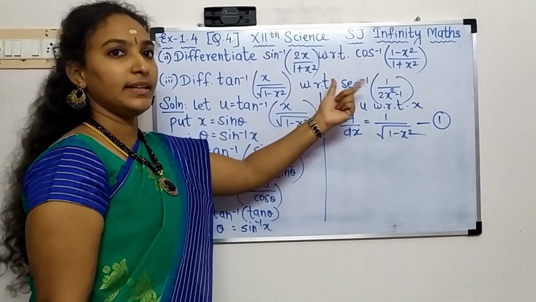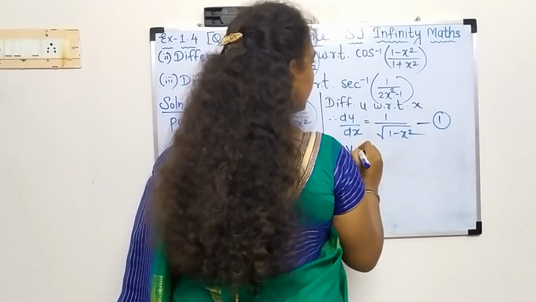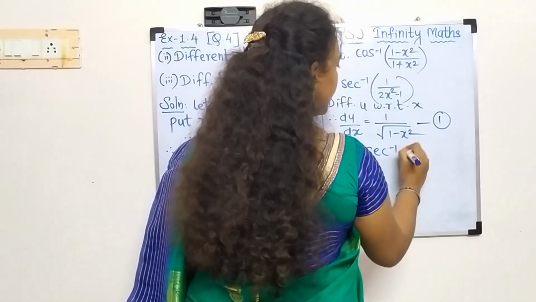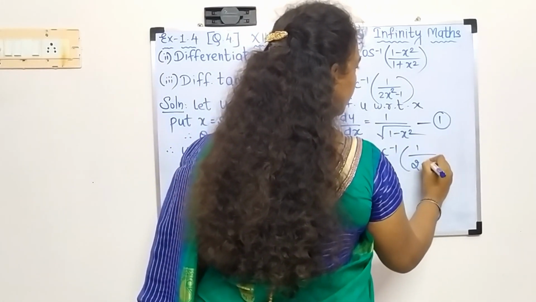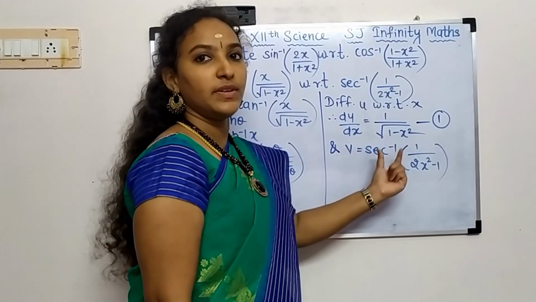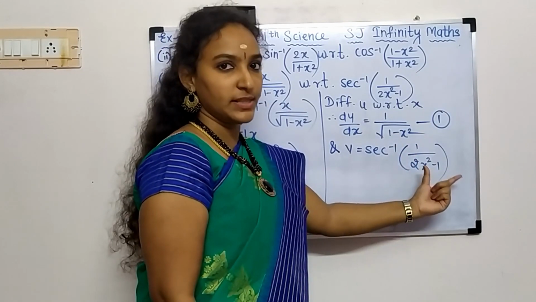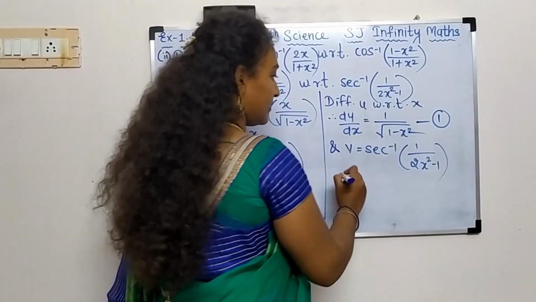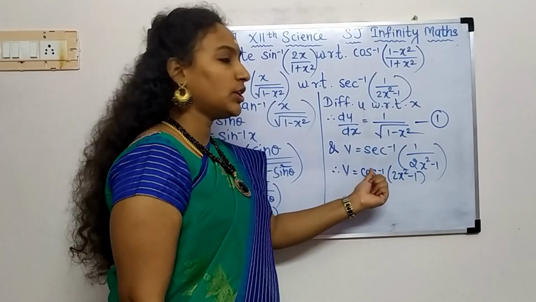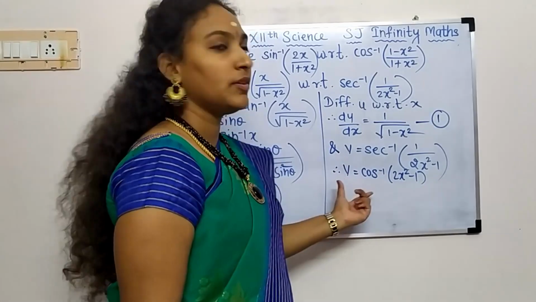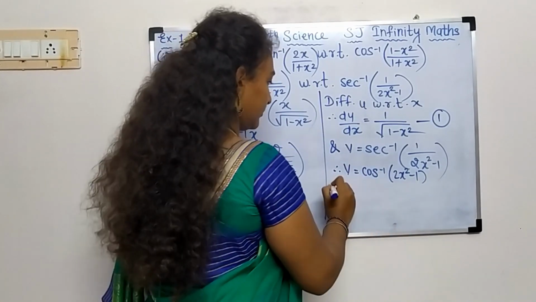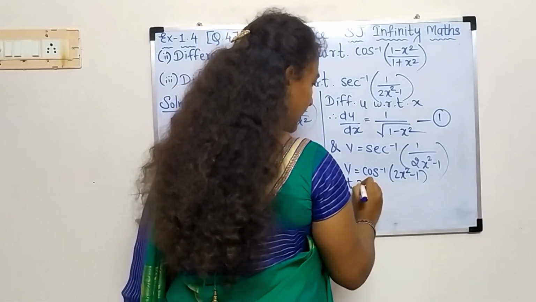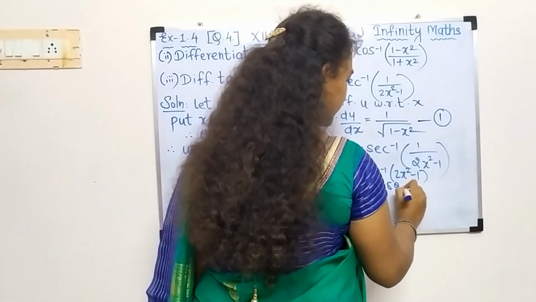Now let us consider v. Sec inverse 1 upon 2x square minus 1. Let us reverse this. Okay, so we have v equal to cos inverse 2x square minus 1. We put x equal to cos theta.